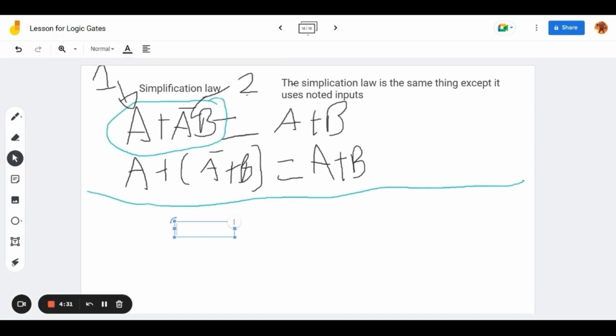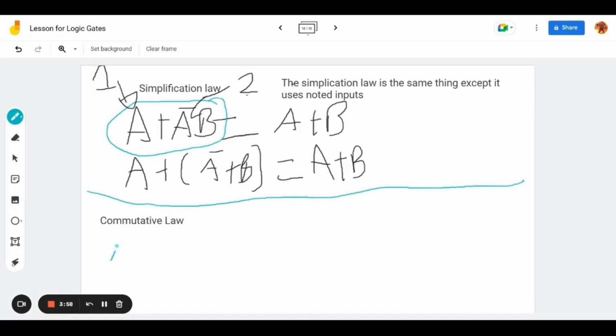Just like in normal math, how you would write something like 2 plus 1, it doesn't matter how you write it. You could write it as 2 plus 1 with the 2 in front, or 1 plus 2 with the 1 in front. It would still be the same answer, 3.